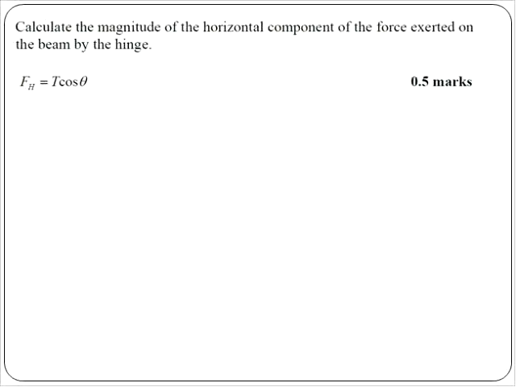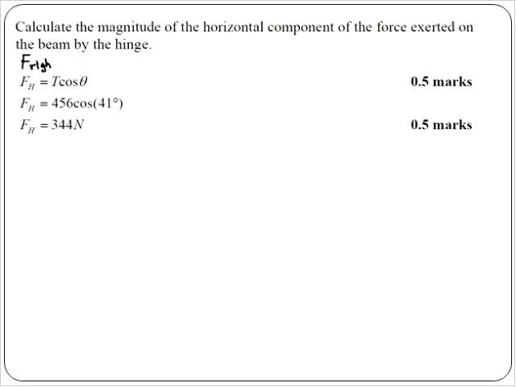that Fh equals T cosine theta, which means Fh equals 344. And the reason for that is because the forces to the right had to equal the forces to the left.